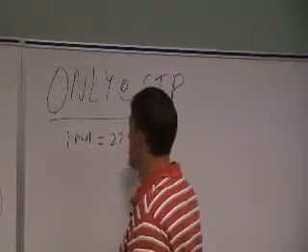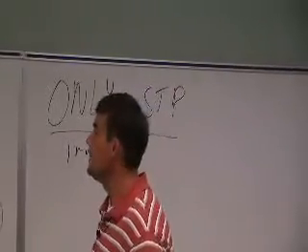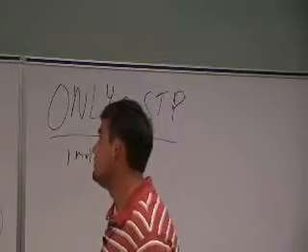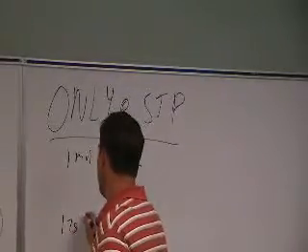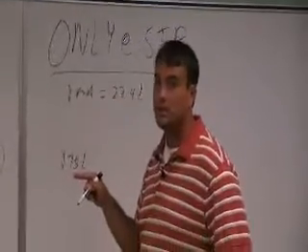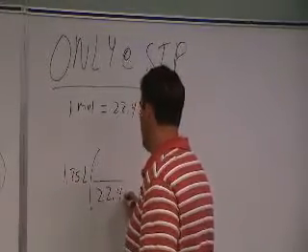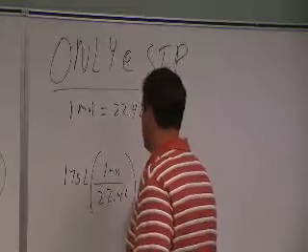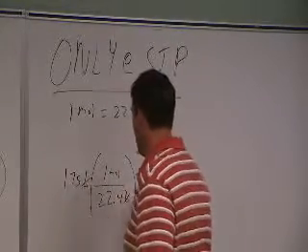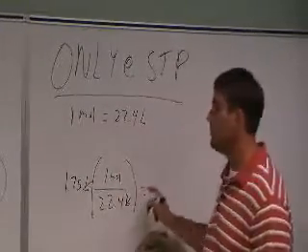So let's take a look here. 1.75 liters. We are at STP here, right? So it's going to be 22.4 liters per 1 mole. So 1.75 divided by 22.4 is?